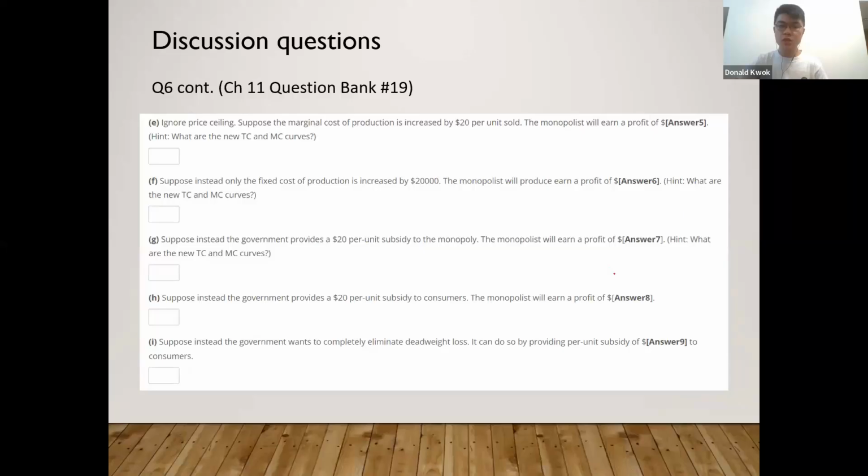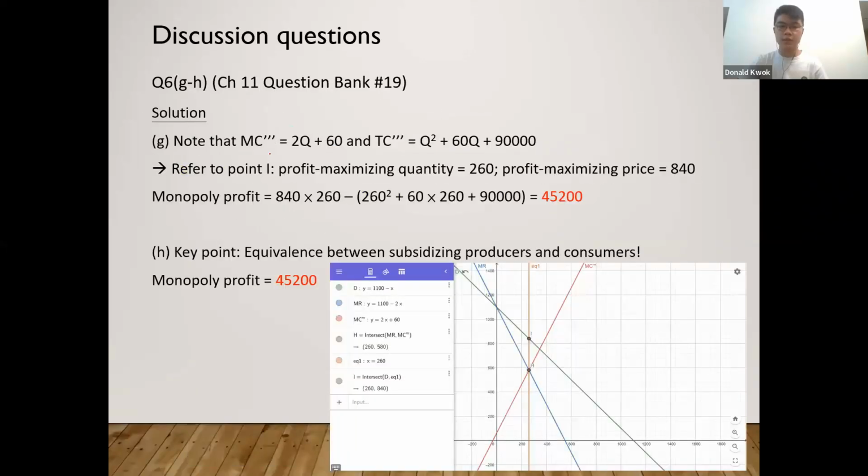And for part G, if there's a $20 per unit subsidy to the monopoly, what will be the monopolist's profit? Okay, so the $20 per unit subsidy will actually lower the cost of production, right? So this is why the new MC would change to 2Q plus 60, reduced by $20 per unit. And to align with the reduction in marginal cost due to subsidization, the coefficient in front of Q in the total cost function changes from 80 to 60.